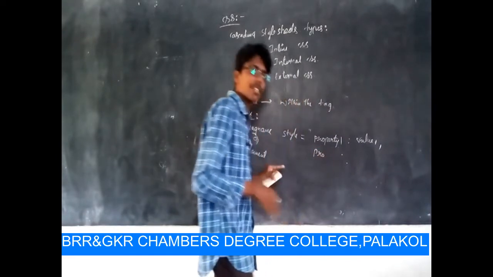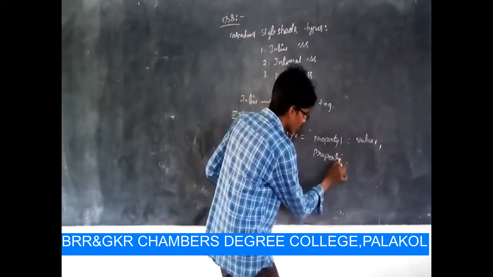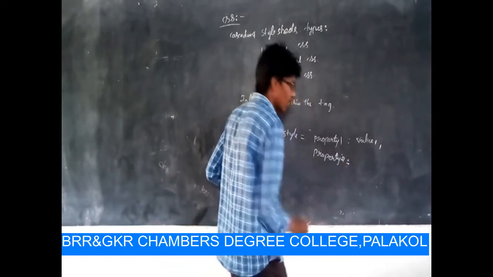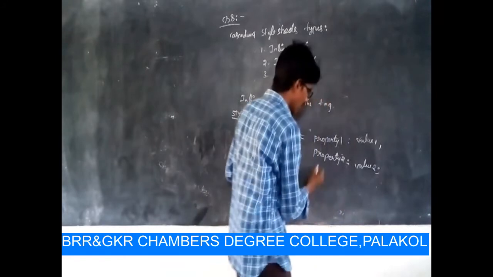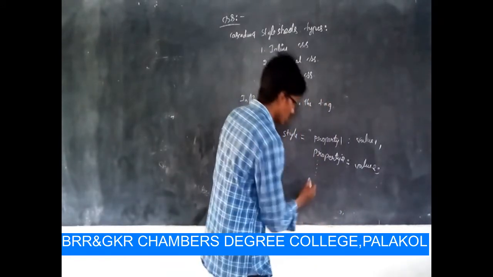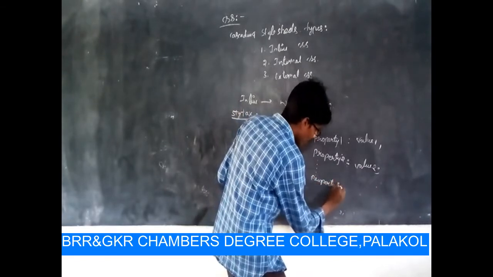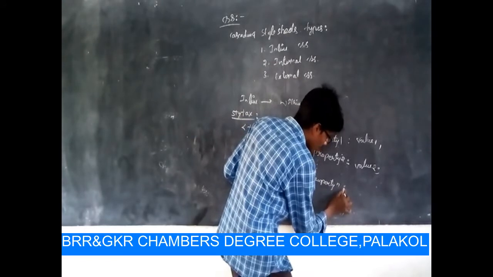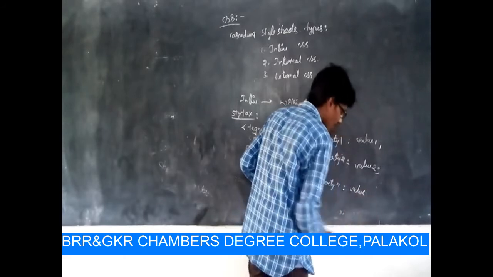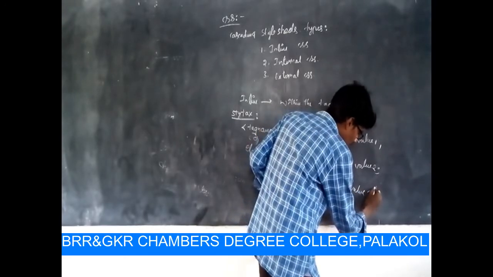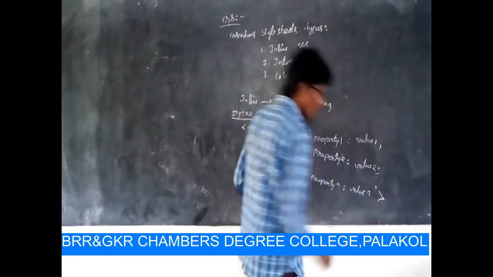If you want to represent multiple styles, then property 2 and value 2, as many as you want, up to property n colon value n.